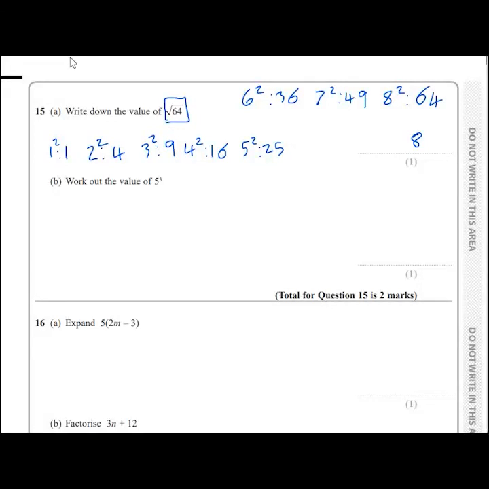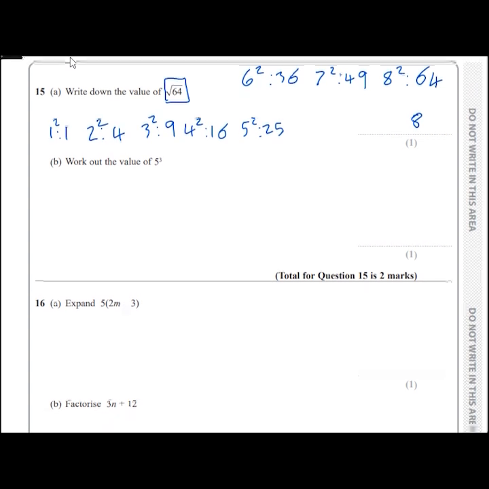You can work all of these out if you want to in the exam, but that's going to take up a lot of your time, so I'd highly recommend you memorise these because that would be really helpful when it comes to exam time.